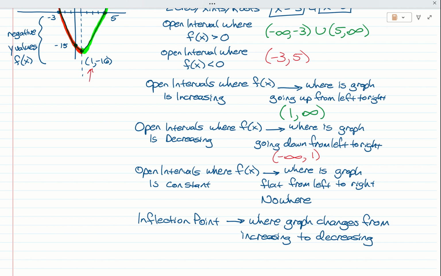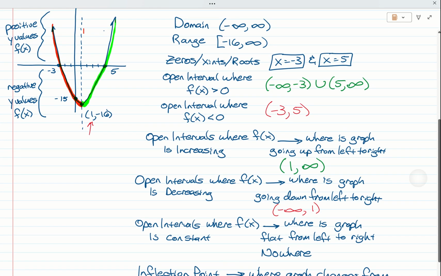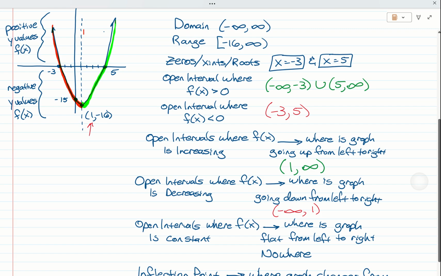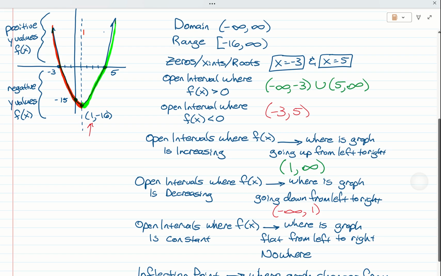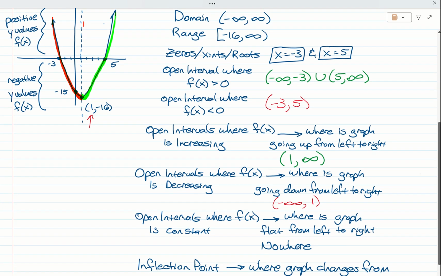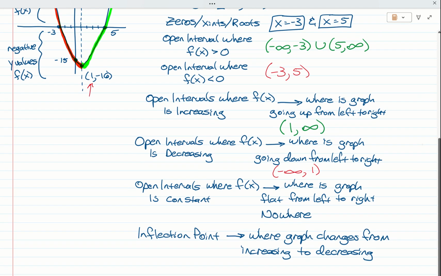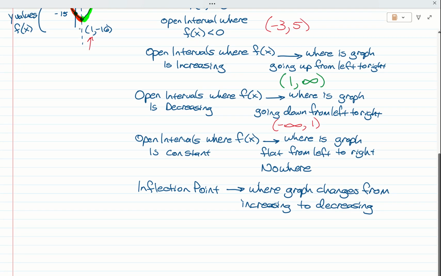And if you go back to our graph, it looks like the red highlighting was where the graph was decreasing, and green is where it starts increasing. It looks like the vertex, 1, negative 16, would be where the graph changes. So the only point of inflection would be 1, negative 16.